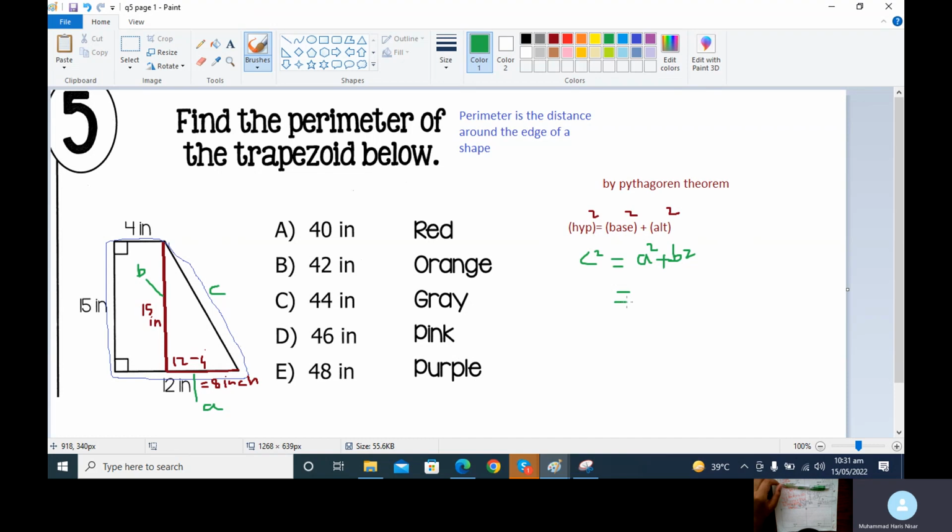So just put the values that we have. A square is here 8. Are you basically doing a squared plus b squared equals c squared? Yes, obviously. So this 15 is altitude.